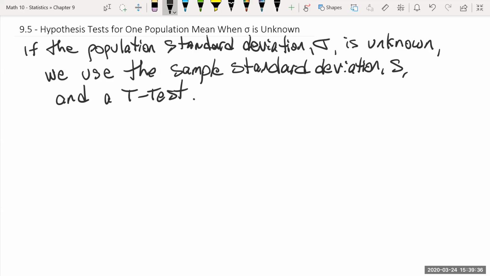We don't use a z-test. We only use a z-test if we know sigma. So let me put a note right here.